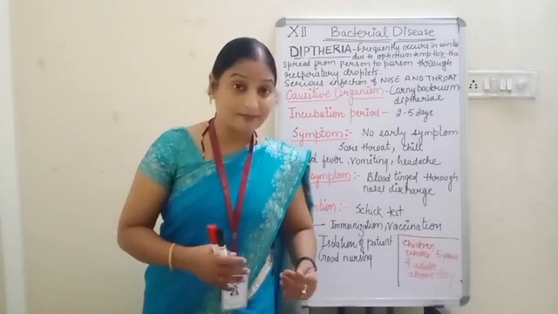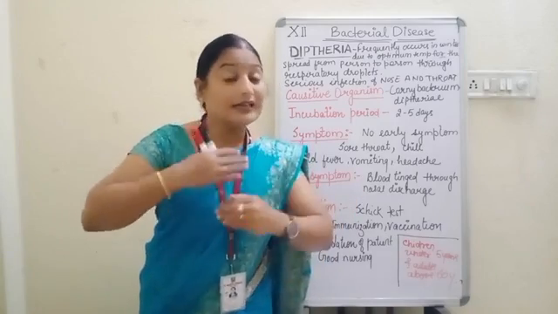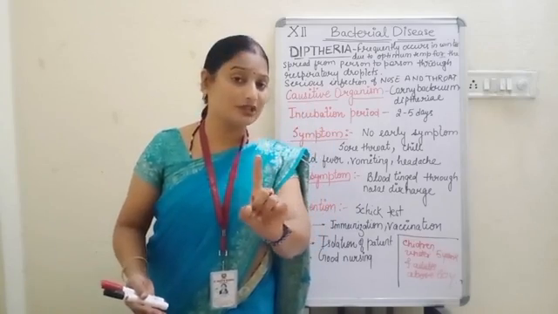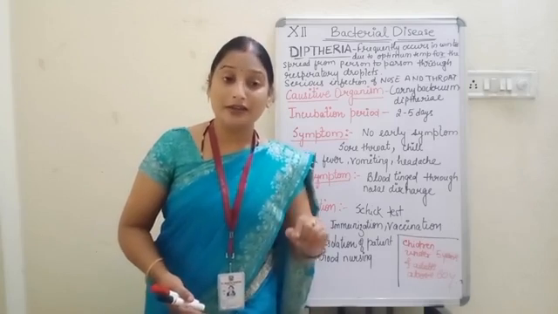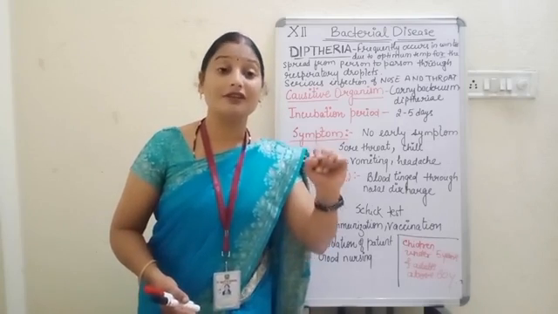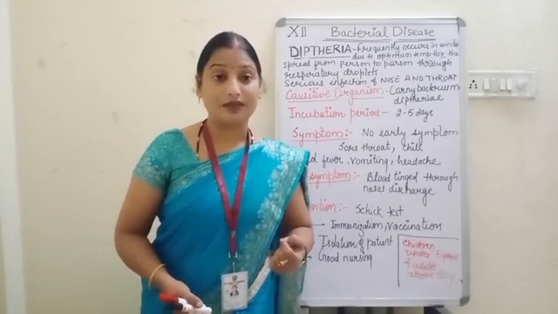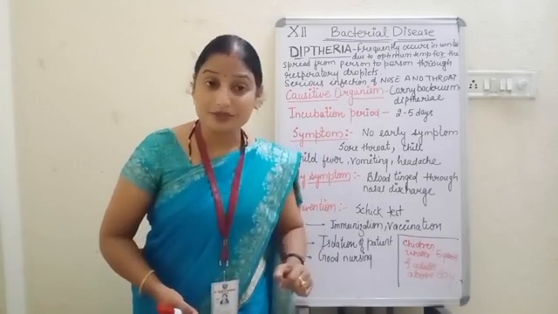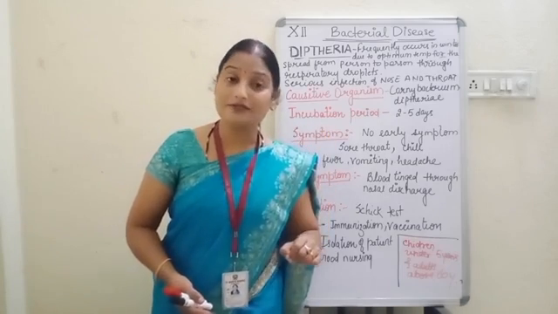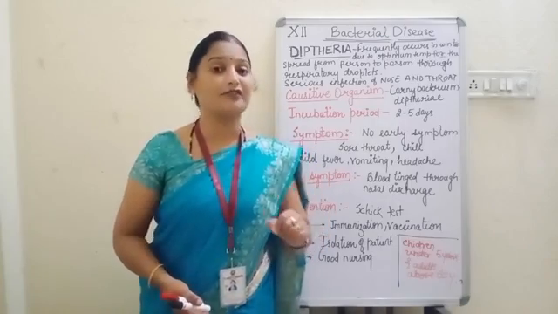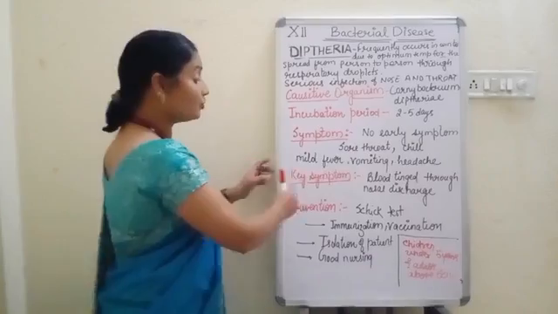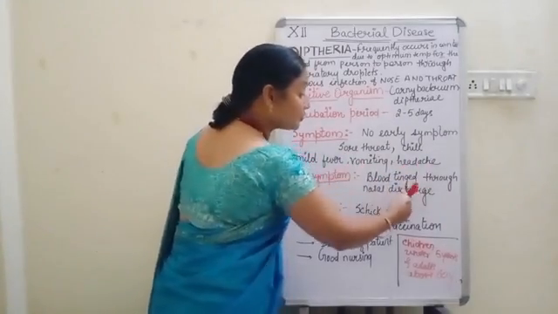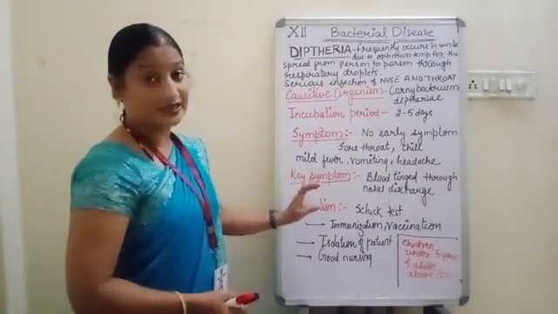So for this, after the early symptoms, during the late symptoms, there is one special symptom: if blood clots come through the nose, then that is the important symptom by which we can identify that a person is suffering from the diphtheria. So, what is the key symptom? It is blood-tinged nasal discharge.